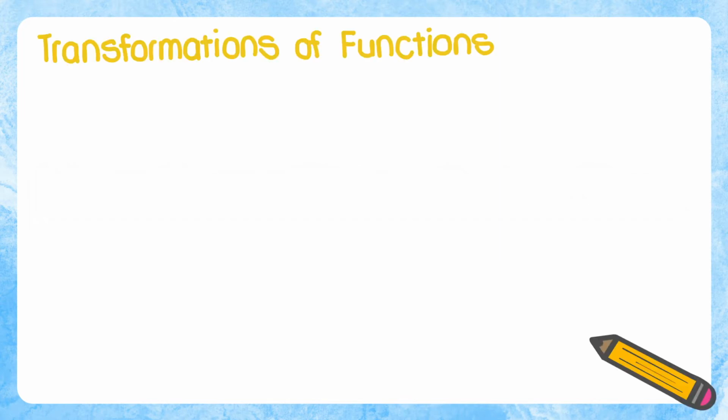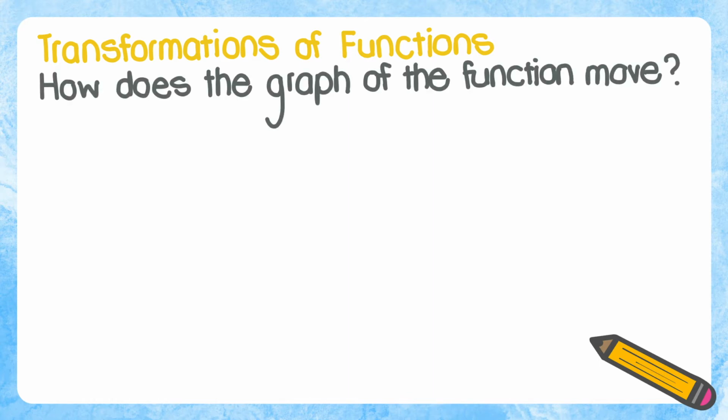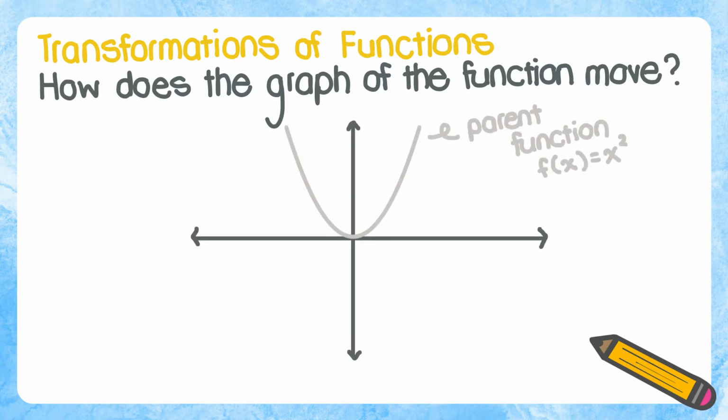So when we're thinking about transformations, this is the main question we want to think about. How does the graph of the function move? So this is the graph of our parent function, or our base function, f of x equals x squared.